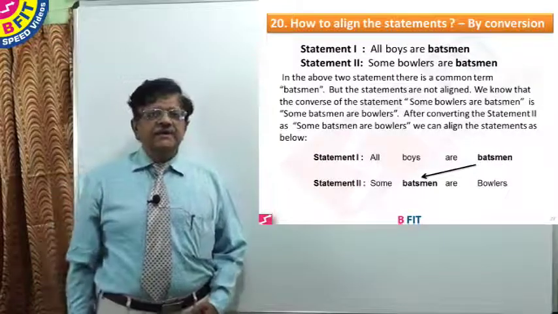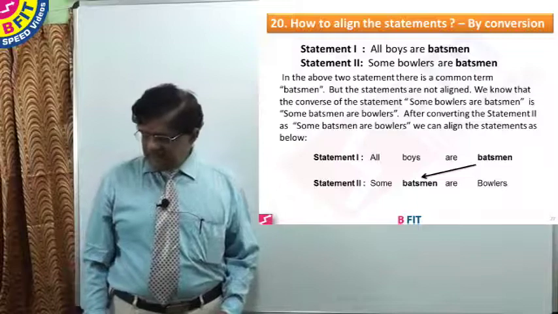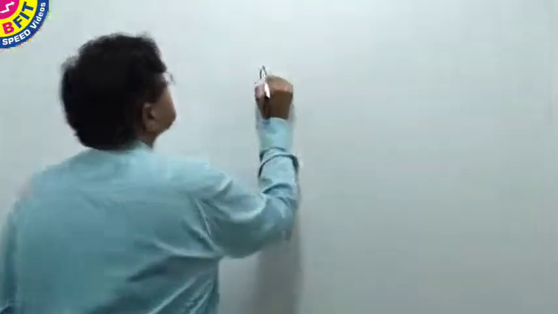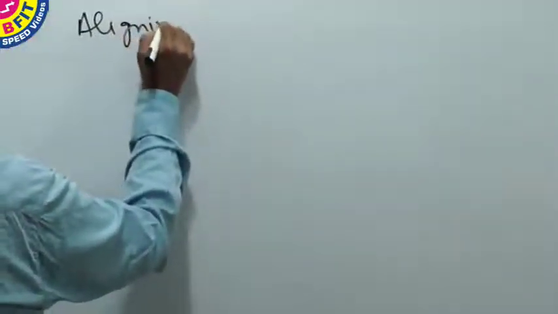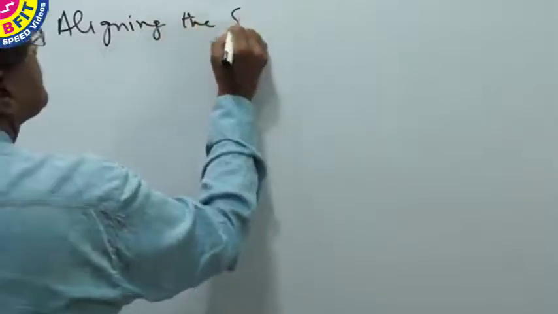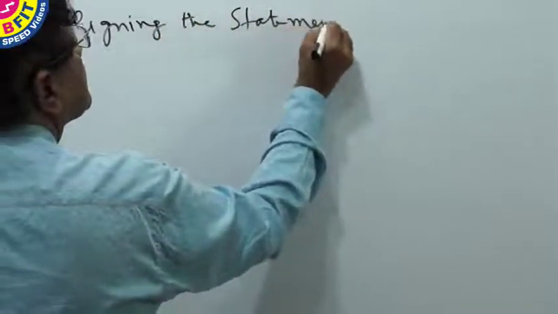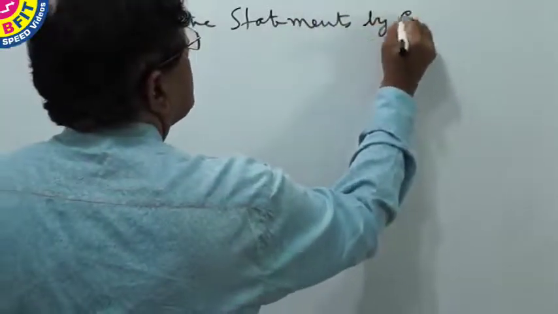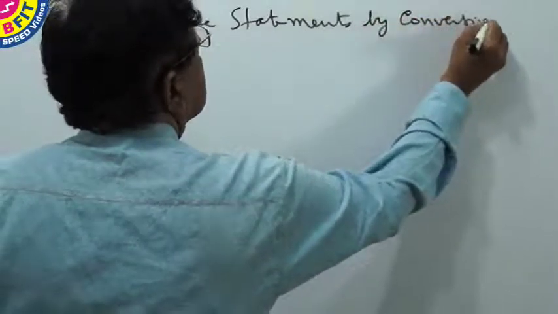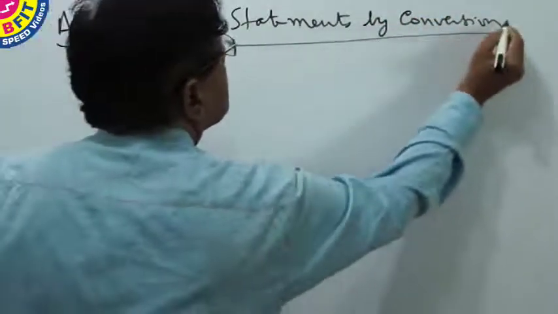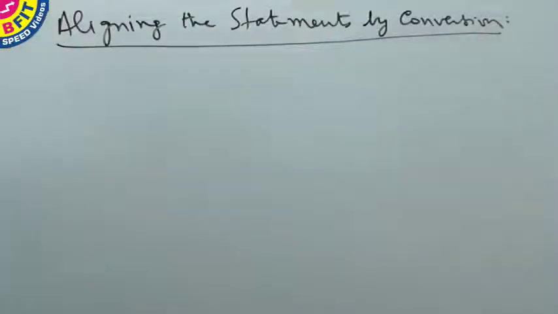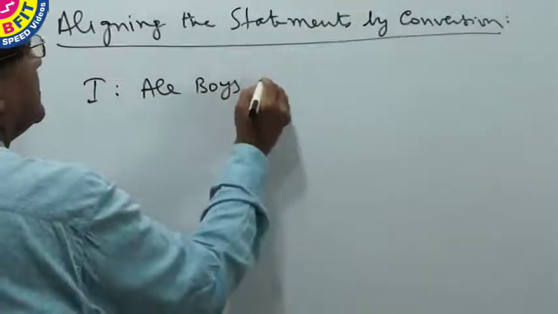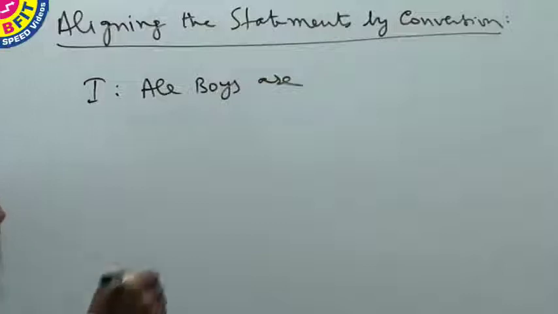Now aligning the statement by conversion. Let us see the working. For example, statement 1, all boys are batsmen.